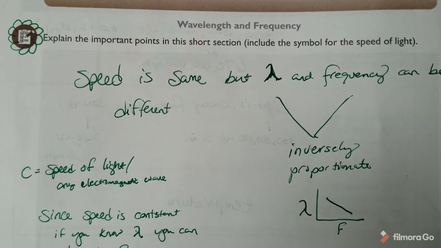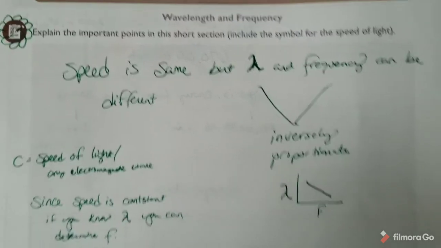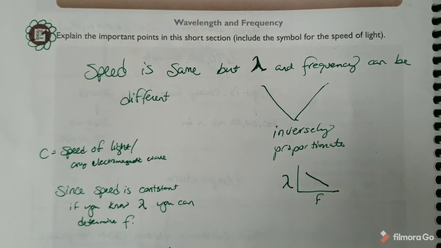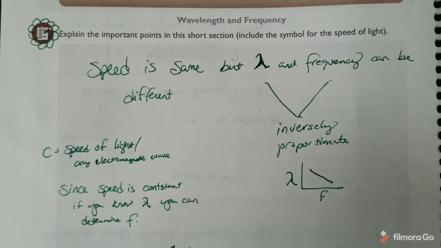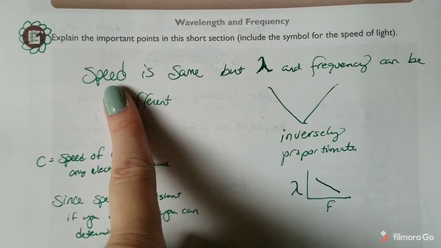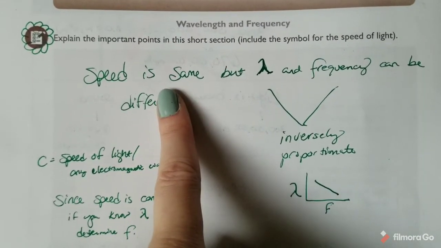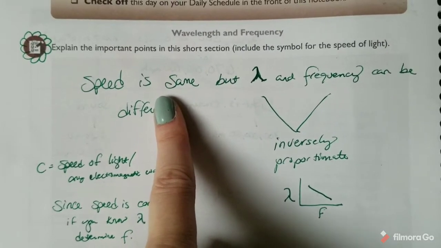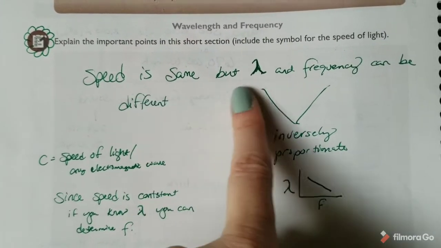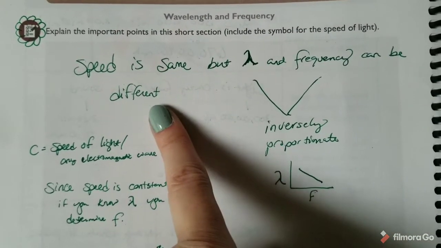Okay, so these are my notes on the section that I read on wavelength and frequency. And this is what I learned. You're welcome. We're going to learn some cursive here too. Speed is the same, but wavelength and frequency can be different.